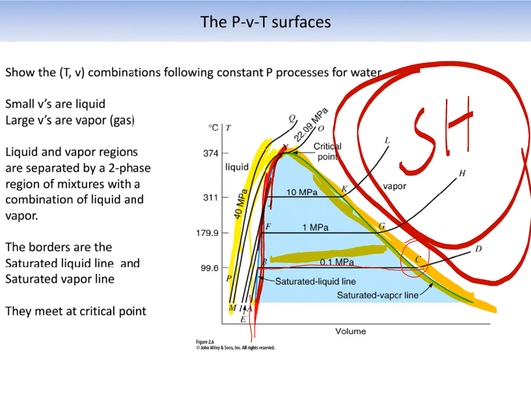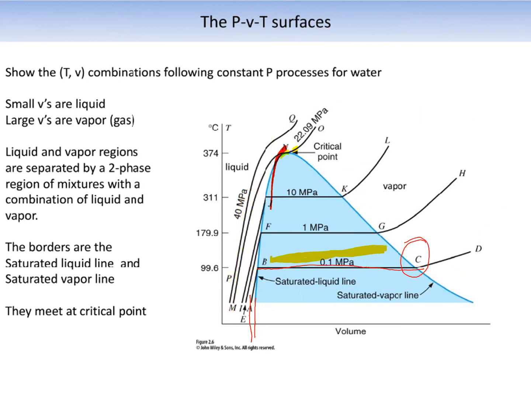If we further provide heat, these vapors will turn into superheated vapors. So this is how we interpret this TV diagram.